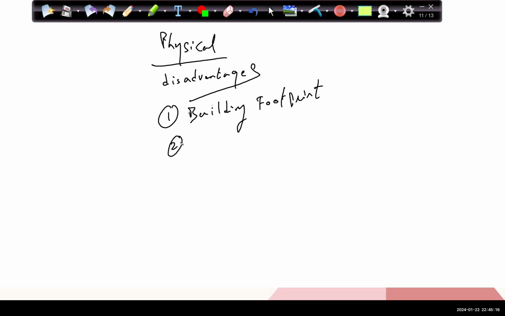That's the problem. Other problem is migration, which means if I want to move a physical machine from one location to another location, I would have to shut down the machine, so there is downtime. Then you need human effort. Someone has to carry that and physically move it. So there is time consumption, physical resource consumption, and obviously downtime. So migration has been a problem.